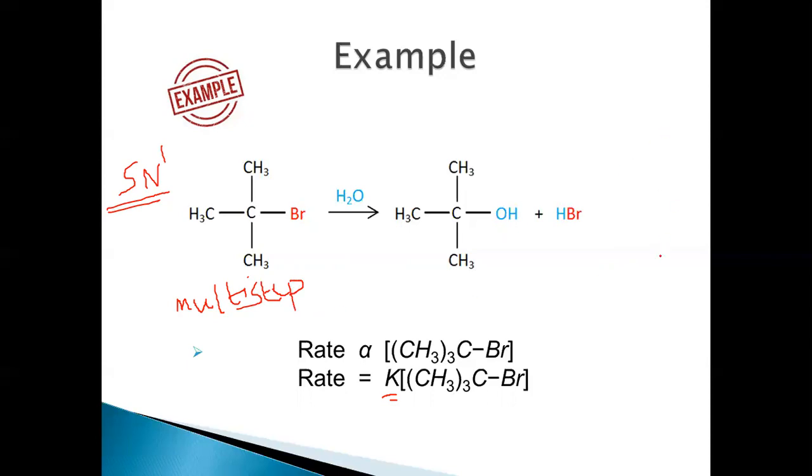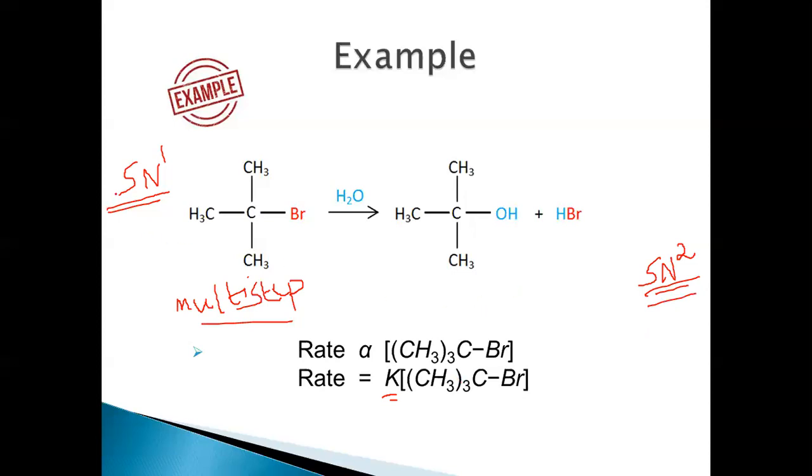But in an SN2 reaction, since it is a single step reaction, there is no rate determining step. But here there is one step which is the rate determining step of the reaction, and that is a slow step. This is multi-step, and that is a single step reaction, as you can observe here.